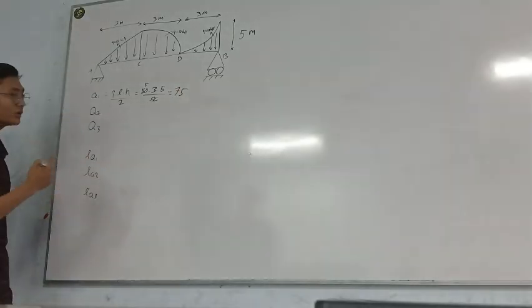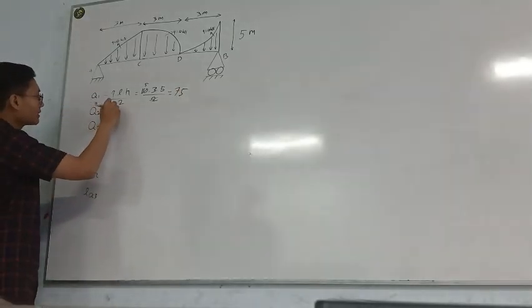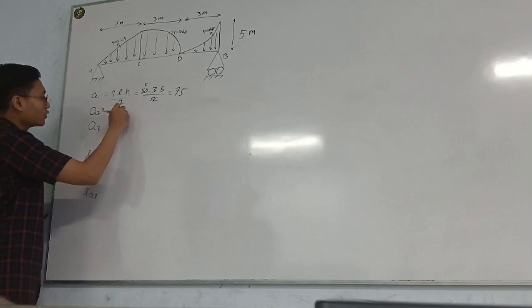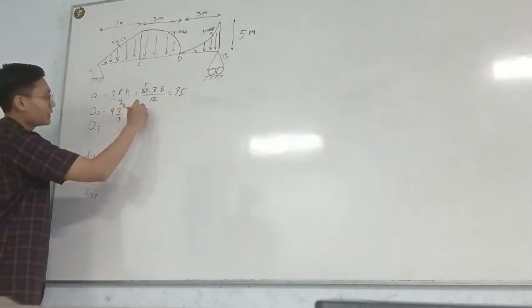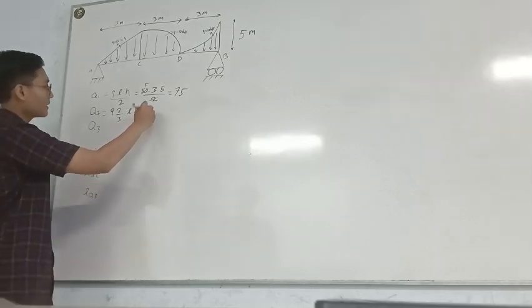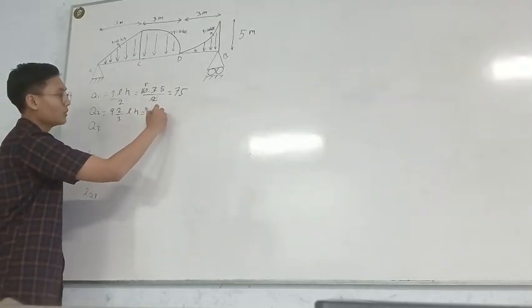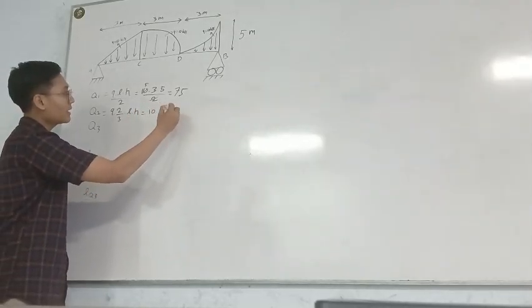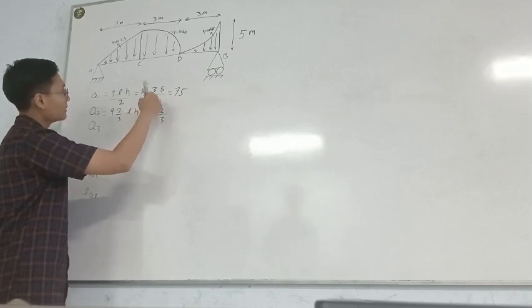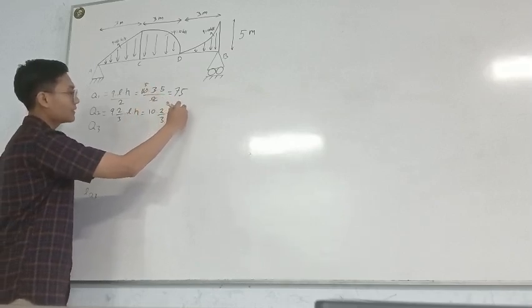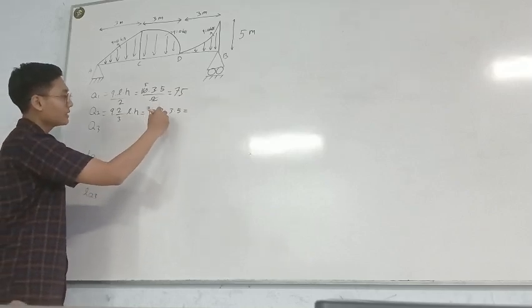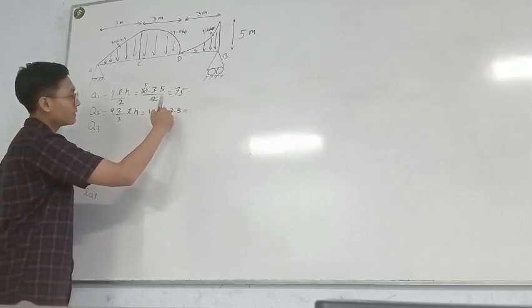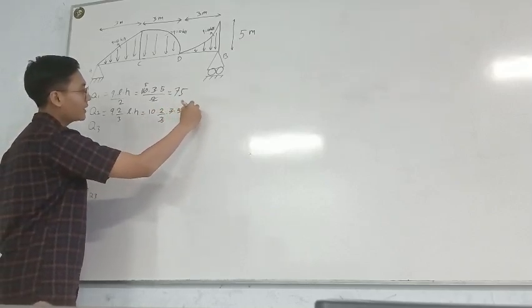And Q2 is Q times 2 per 3 times L times H, equals 10 times 2 per 3 times 3 times 5. So the answer is 100.